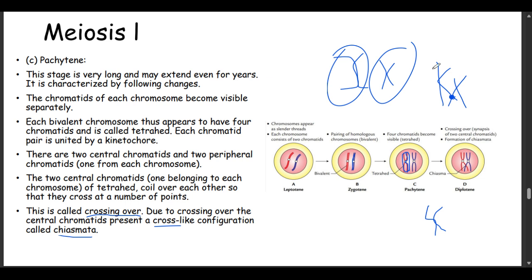So basically, you have crossing over and exchange of material there, so that the kids have an assorted kind of genetic makeup. At the end of the day, you find siblings where some are short, some are tall, all of that. So the genetic variability comes about due to crossing over happening in the pachytene stage.